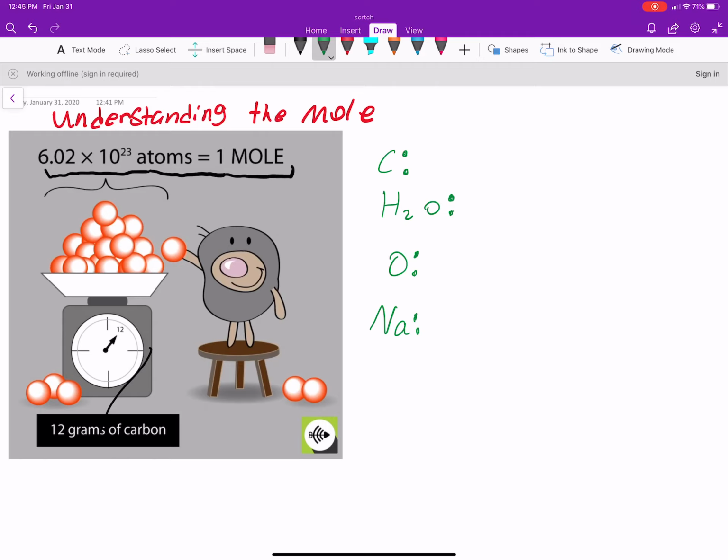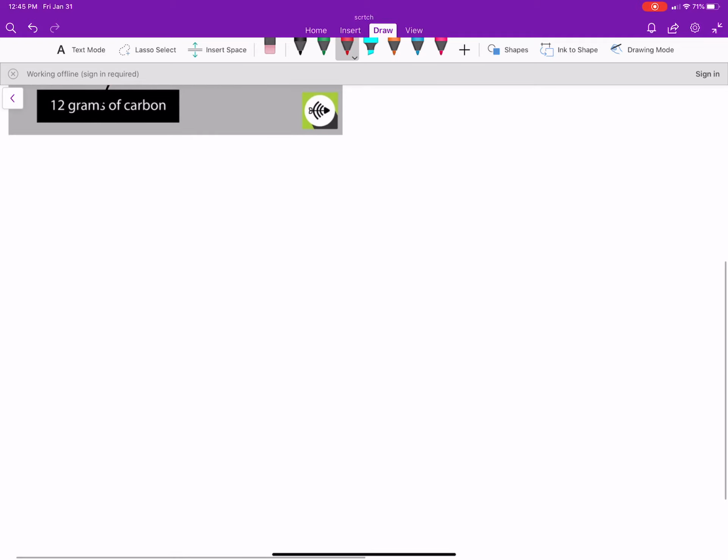In fact, it's probably worth talking about just right now. Let's look at the example of water. Water is just H2O. If you have a mole, let's say you have your H2O molecules, and you want to know how many total atoms there are.